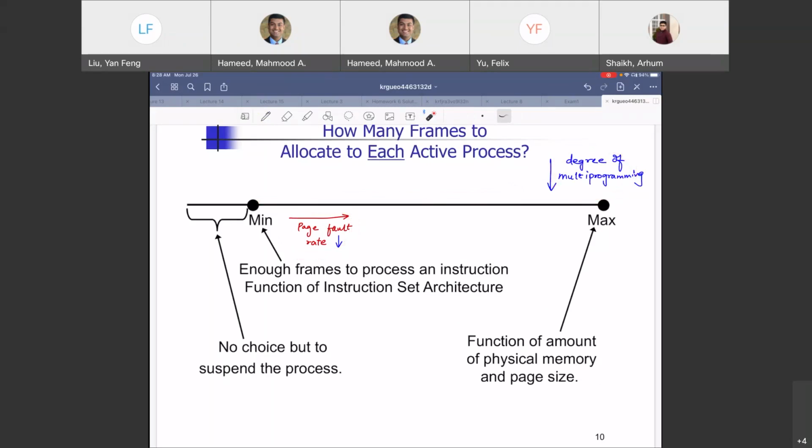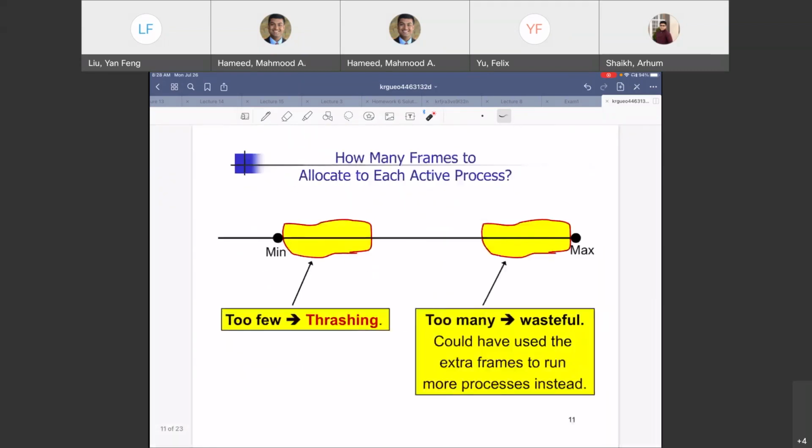As you are going up, if you are here, you will not be able to assign frames to others. So your degree of multiprogramming is low there. Next, if you are here, there are too few frames. This is for each process, some p sub I.